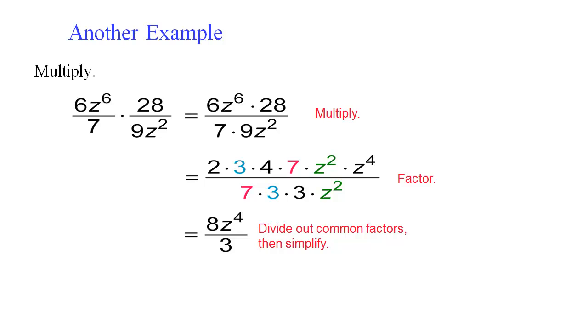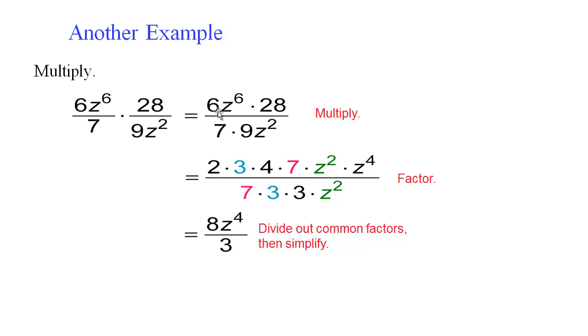Another example, here we just have kind of some simple terms, powers of variables, in this case z. You bring them together. Now, I wouldn't recommend doing 6 times 28 and figuring out what that big number is, and 7 times 9 and figuring out what that big number is. Instead, do this idea of factoring the numbers out, right?